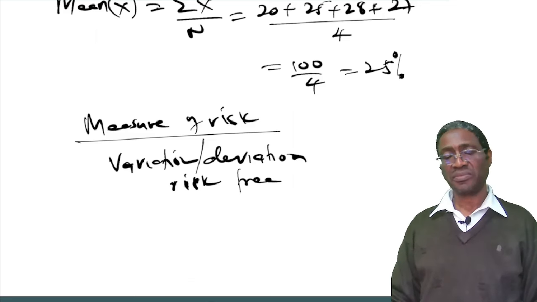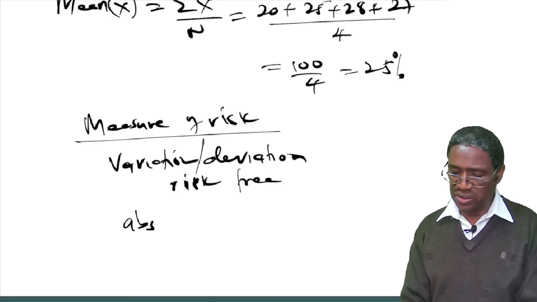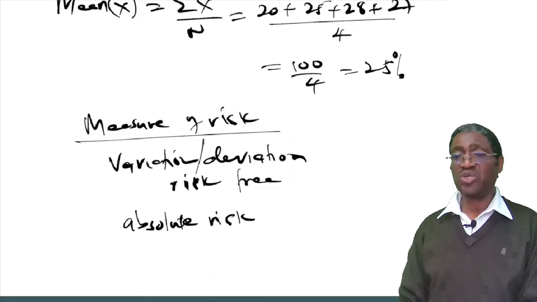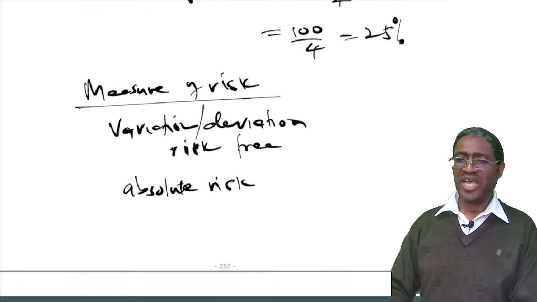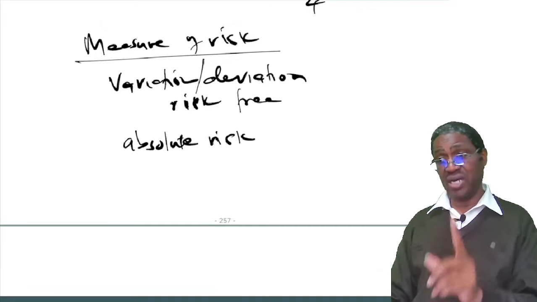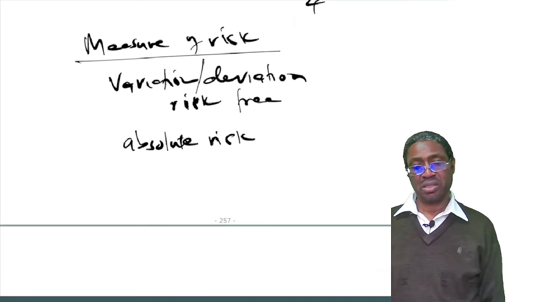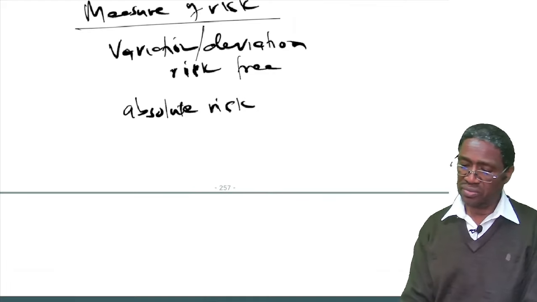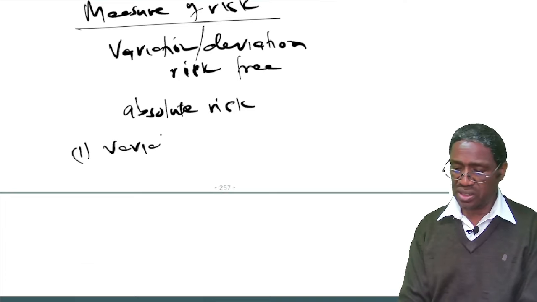Another paragraph. The absolute risk of any investment can be measured by, number one, variance.